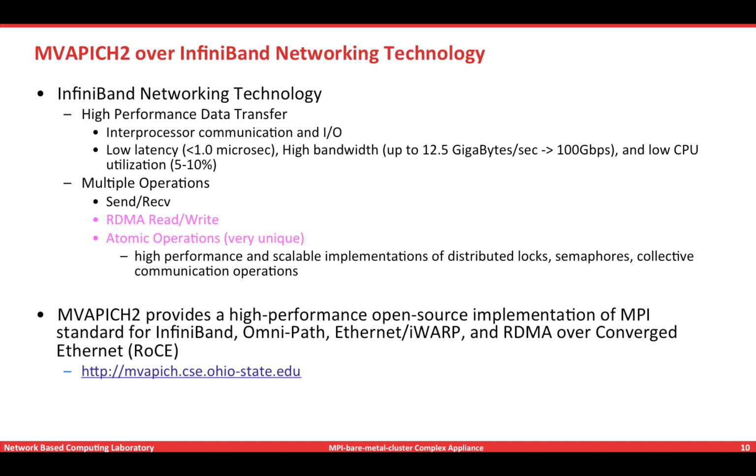For example, like I said, it's only around 1 microsecond, and it also gives high bandwidth. For example, with the latest InfiniBand EDR card, you can achieve around 100 Gbps bandwidth, and it only needs very low CPU utilization during the communication, around 5 to 10%.